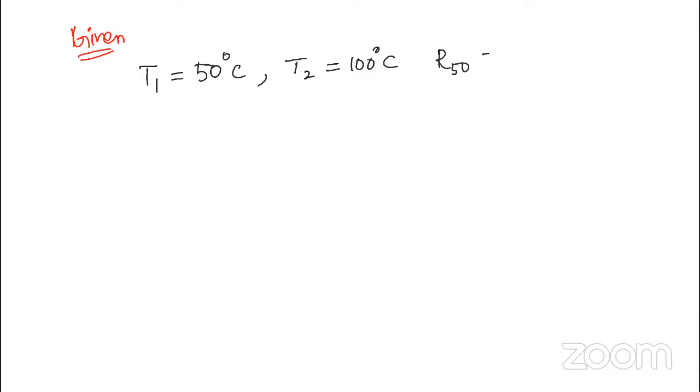So first write down the given values. What are the values they are given? T1 is equal to 50 degree centigrade and T2 is equal to 100 degree centigrade. And for the resistance at the 50 degree temperature, RT1, that is 5 ohms.